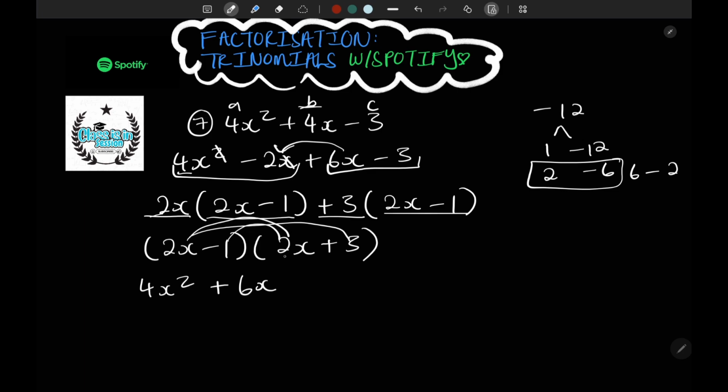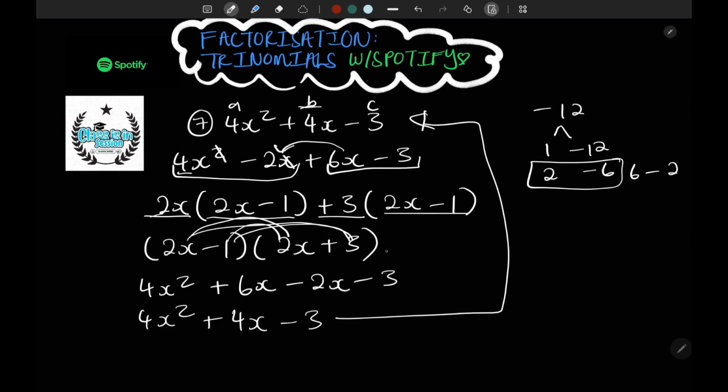Negative 1 multiplied by 2x is negative 2x. Negative 1 multiplied by 3 is negative 3. 4x squared. What's 6 minus 2? It's 4. So this is plus 4x minus 3. This is the same thing as that. Therefore, your factorization is accurate.